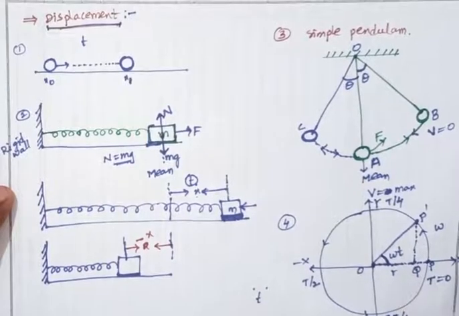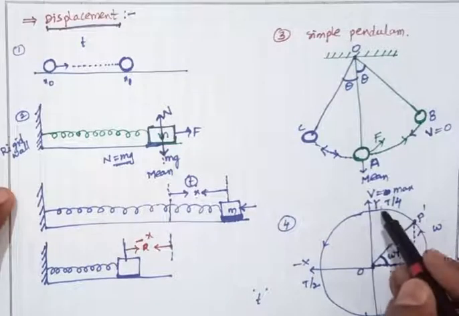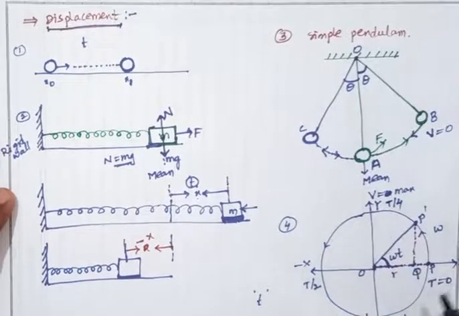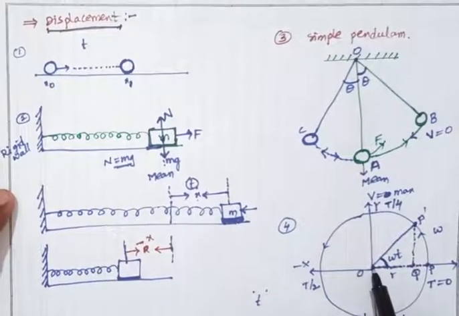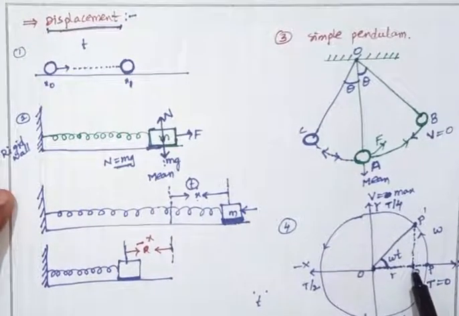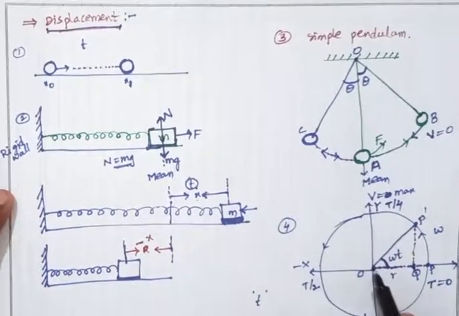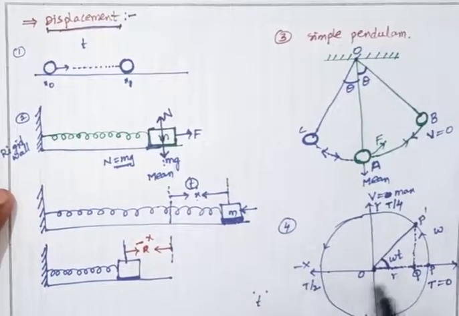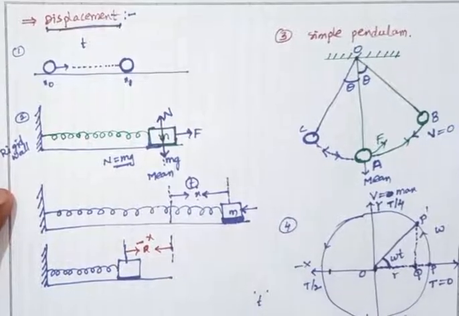Along the x direction, as the particle moves in this direction, at T by 4 the x value, the displacement, is 0. This is the mean position, and this is the maximum position. Again it moves, reaching the maximum value, then 0, then the negative maximum value.